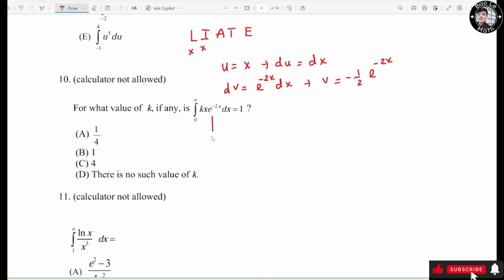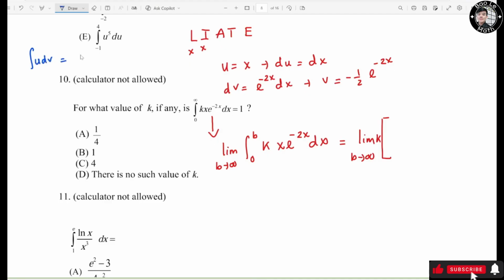So then this guy right here becomes limit of the integral from 0 to b of k s e to the negative 2s ds when b approaches infinity equals limit when b approaches infinity of, we have the formula, antiderivative of u dv equals u times v minus antiderivative of v du, right?